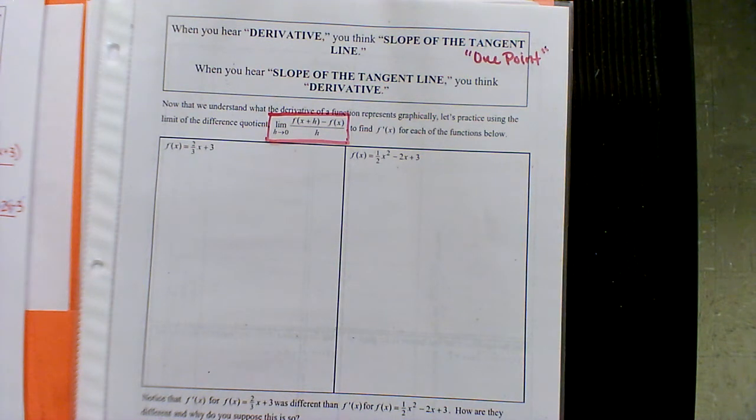It is the distance between x and x plus h. So it's the distance between your two secant points.